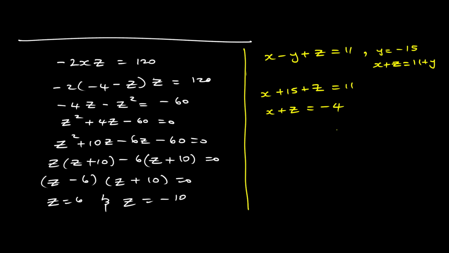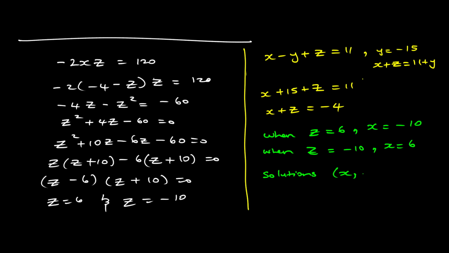So when z is equal to 6, and when z is equal to negative 10, all right, so those are basically our possibilities, the solutions for x, y, and z.